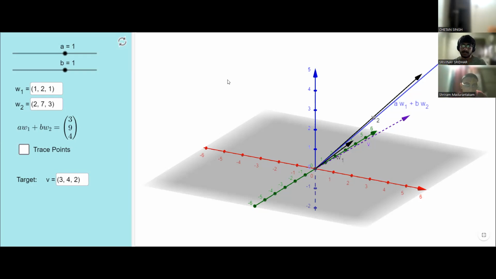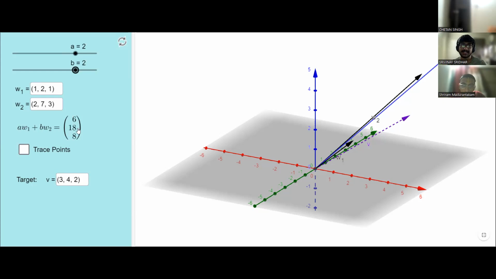Yeah, you can, when you take alpha and beta to be the same. Exactly. So I was able to reach (3, 9, 4) using 1 times (1, 2, 1) and 1 times (2, 7, 3). What if I make A equal to 1.1 and B equal to 1.1? Or maybe to make it clear, I will just take 2 and 2.